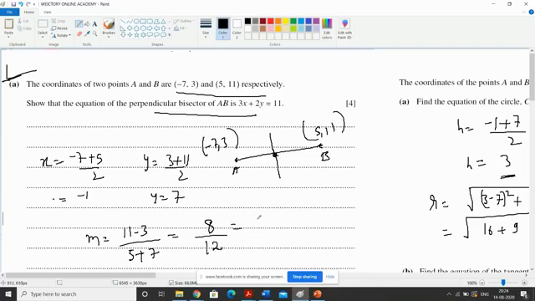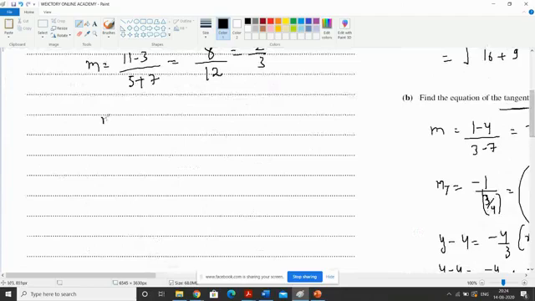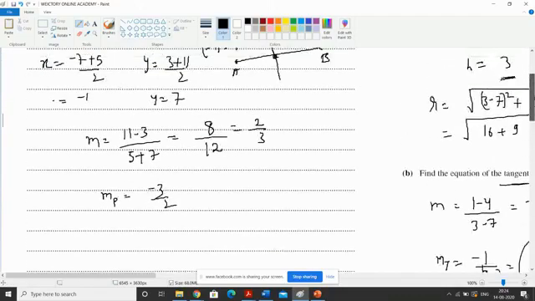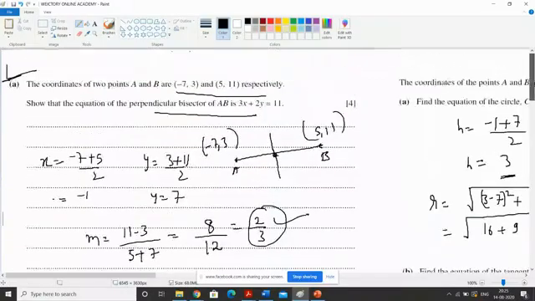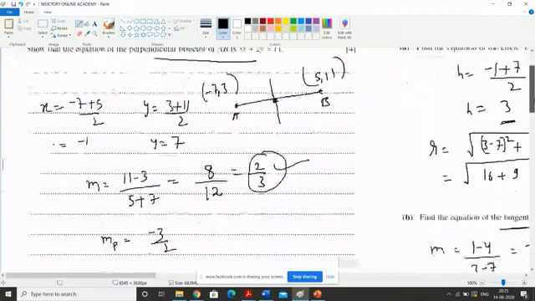So we got 2 over 3. Because the product of the gradients is minus 1, the perpendicular gradient will be minus 3 over 2.